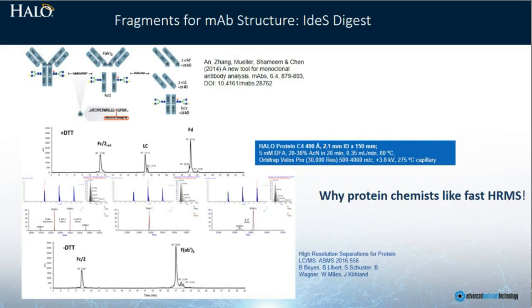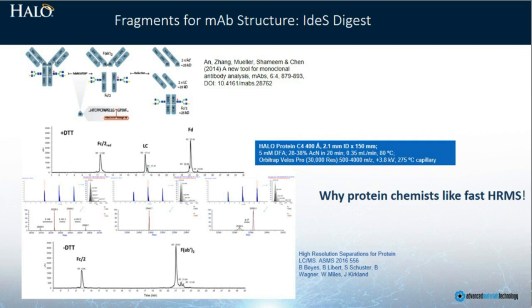And in fact, the ability to couple high-resolution mass spectrometry with high-resolution separations has been particularly useful in protein chemistry. Another example, in this case, uses a 400 angstrom pore size material. Instead of just heavy and light chain separations, we are looking at an IdeS proteolytic digest of an IgG.